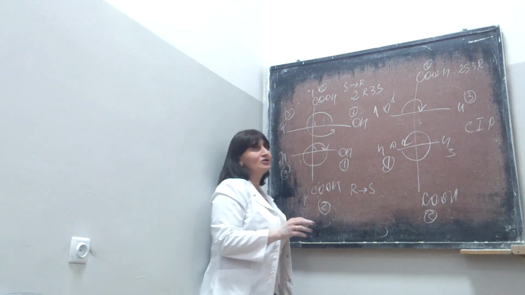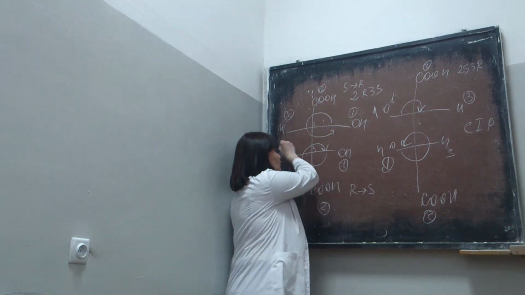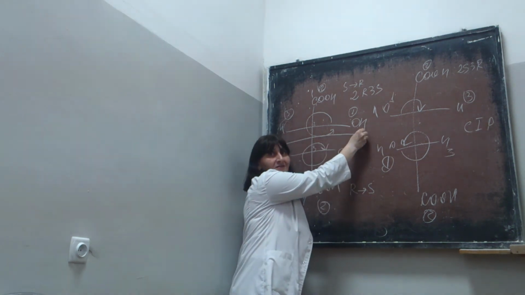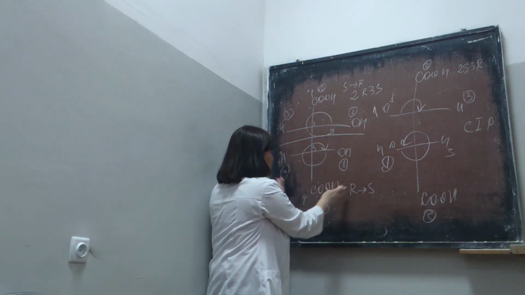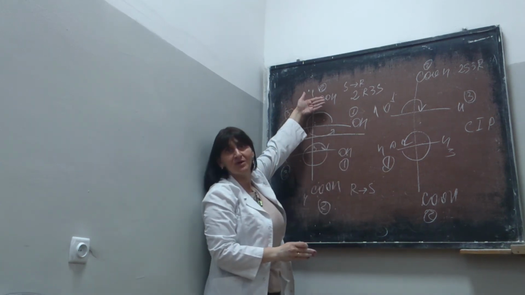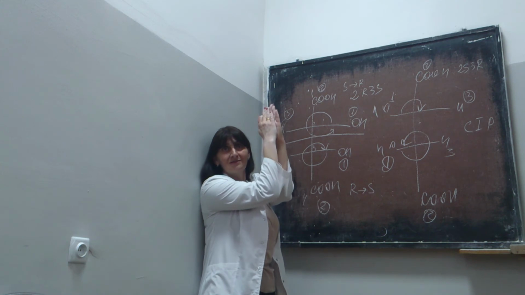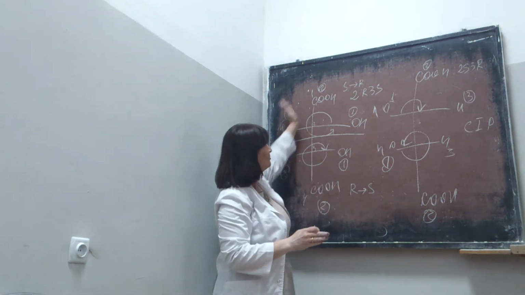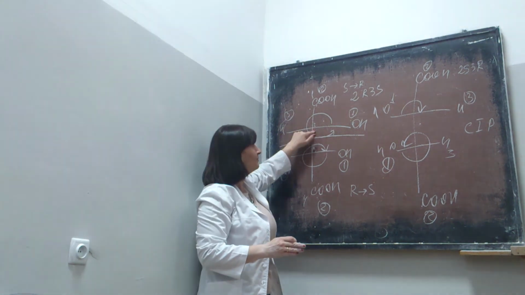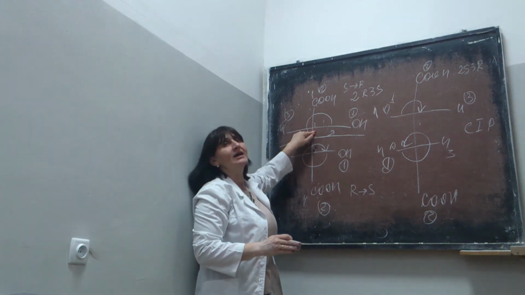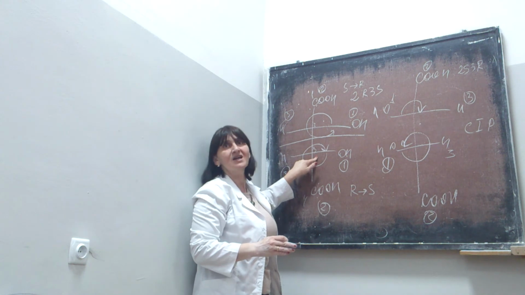But through the molecule, you can pass a symmetry plane. Look, this part is the mirror image of this part. So this carbon's action is neutralized by this carbon's action.